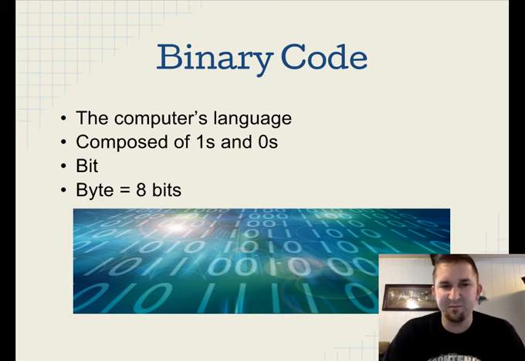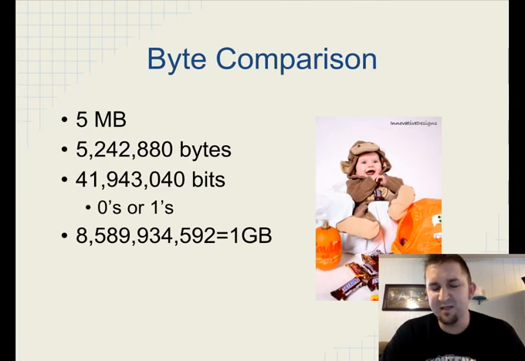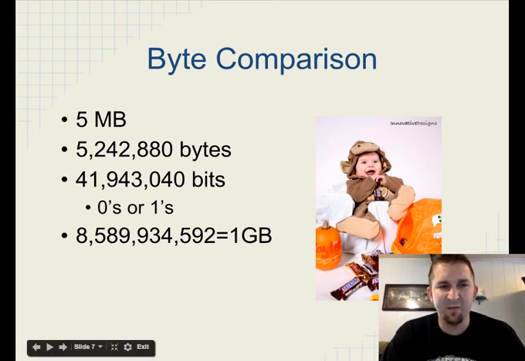So I'm going to throw this around a little bit, so you can see where we're going with it. 5 megabytes, that's what this photo is. This photo is my little daughter when she was a couple months old. She is now 5 years old, almost 6. So it's kind of neat. But this photo is 5 megabytes. That goes down to 5.242 million bytes.